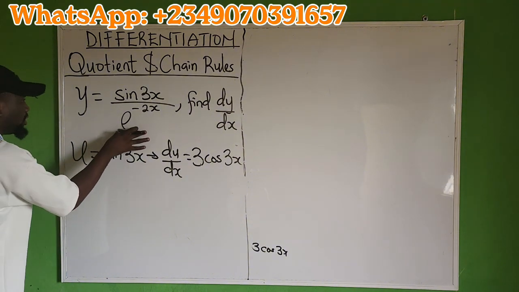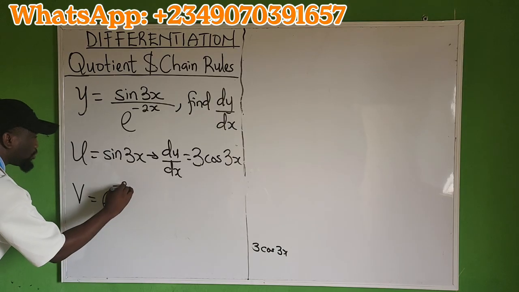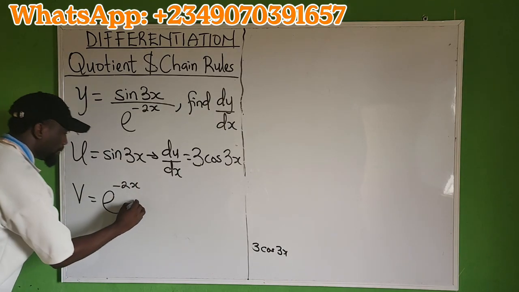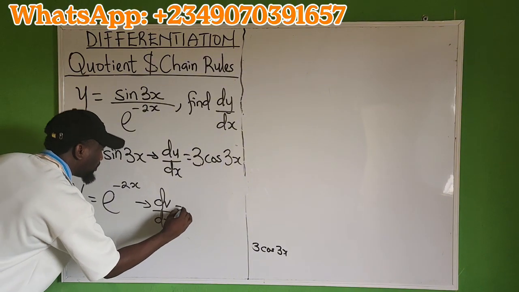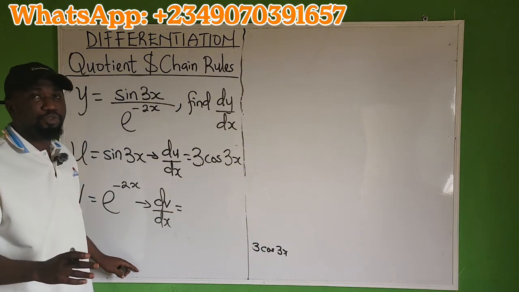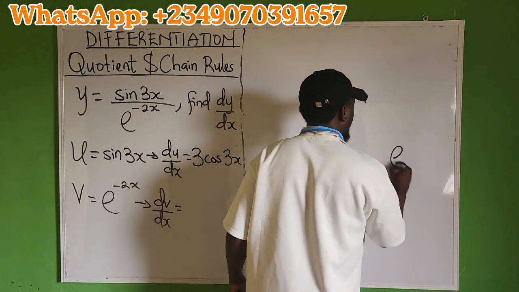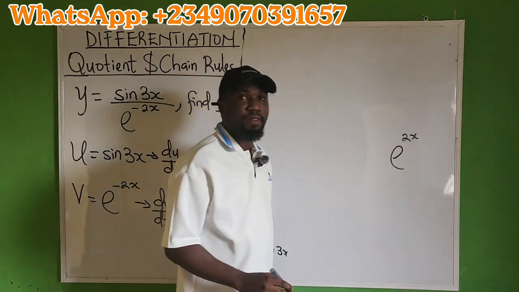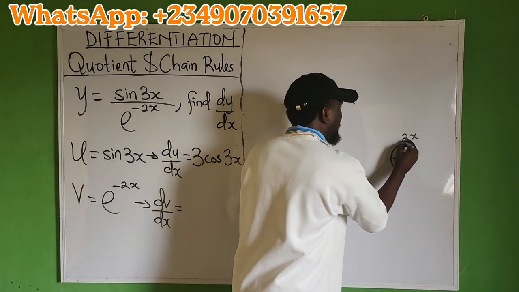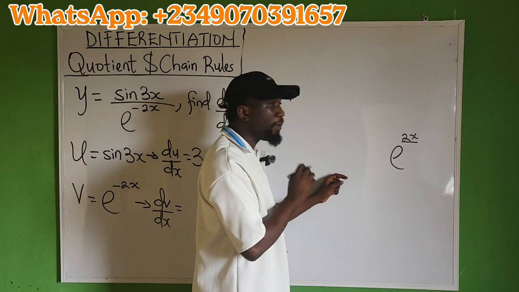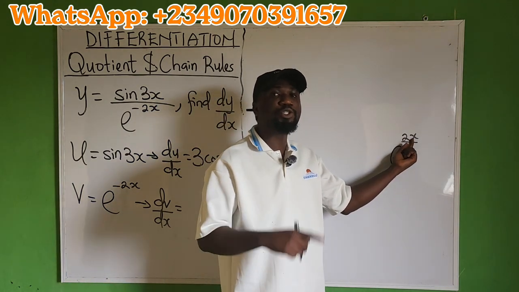Alright, so for the denominator now, it's going to represent v. V now is exponential minus 2x. And then what do we do here? You find dv over dx. Please, whenever you want to differentiate an exponential function, if I have exponential 2x, and I want to get this differentiated, first thing is to differentiate the power. The power is 2x. If I differentiate this 2x, it's going to give me 2.